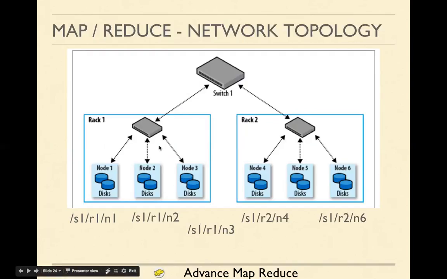And how does Hadoop look at it? Hadoop thinks of every node like a folder structure. So this one is slash S1 slash R1 slash N1, and similarly slash N2, N3, and here R2 slash N4 and R2 slash N6. Just like a folder structure, it keeps it this way.